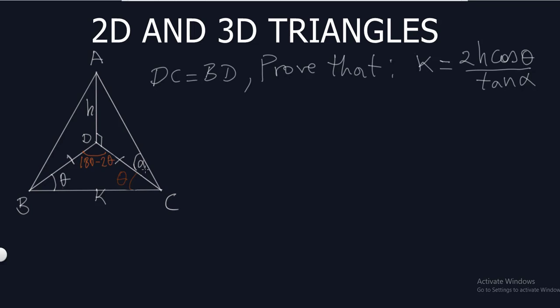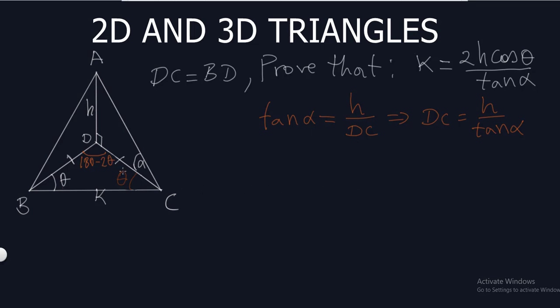H is the opposite side, and this is adjacent. So we'll use tangent alpha, which will give us opposite over adjacent, which is H over DC. Therefore, DC will be equal to H over tangent alpha.